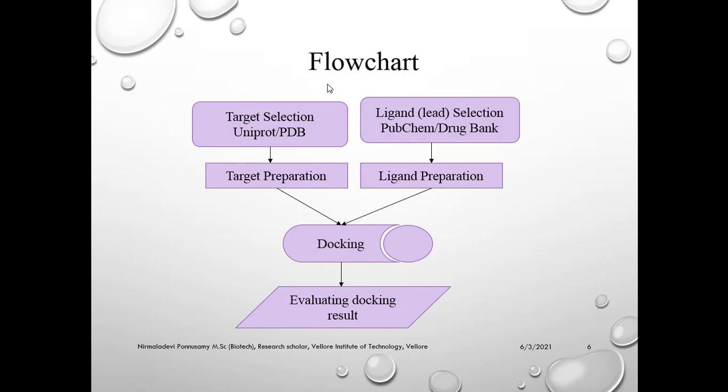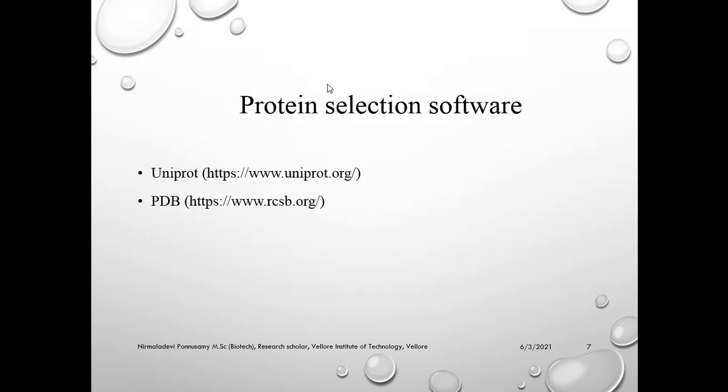Once the structures are downloaded from the respective databases, we have to prepare the target and ligand for the particular docking software, as what it requires depends upon the software. Then the prepared molecules we dock to each other, and we can evaluate the docking results.